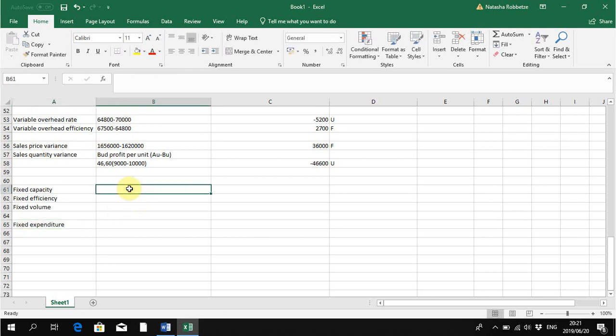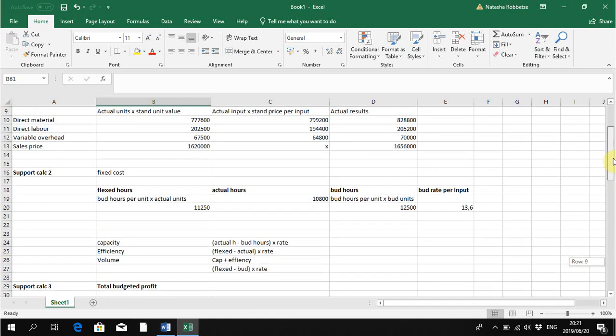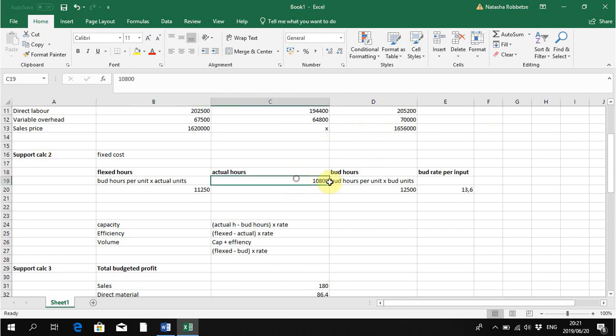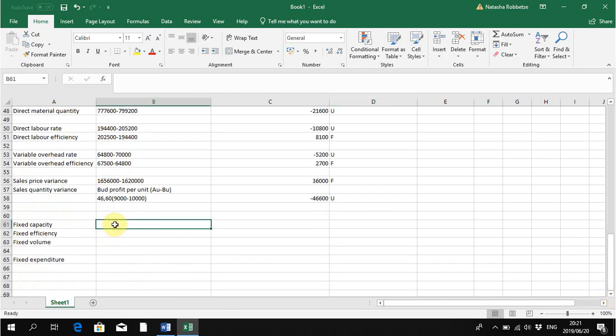Right, so for fixed capacity, we're going to calculate that from our support calc number 2. Fixed capacity is 10,800 minus 12,500 times 13 Rand and 60 cents.